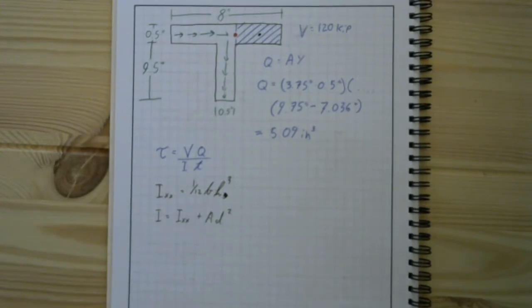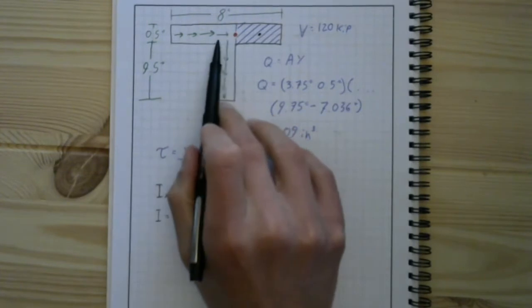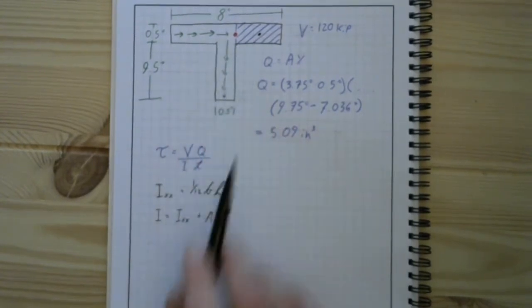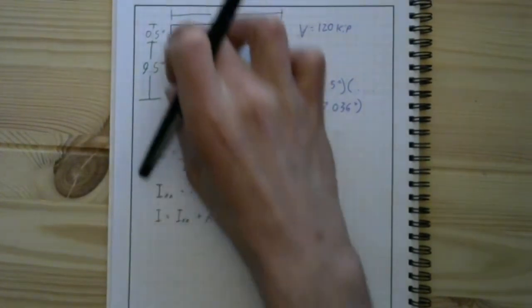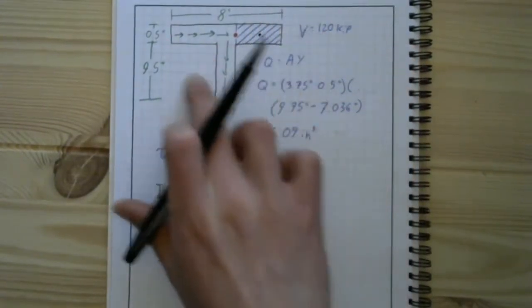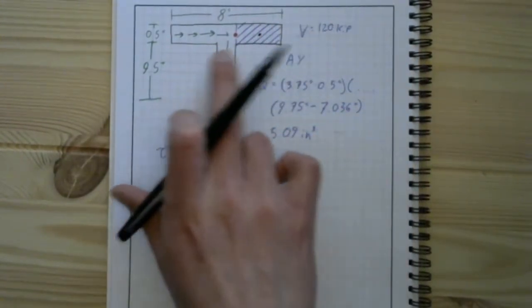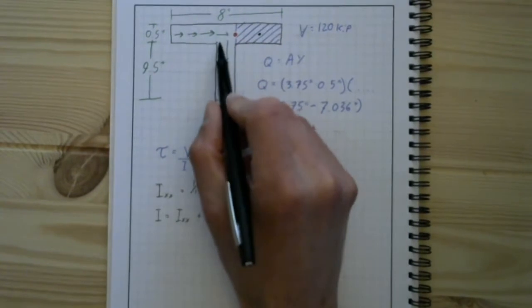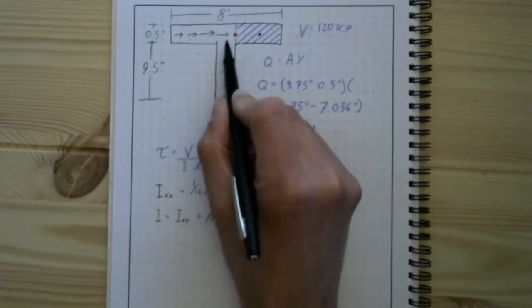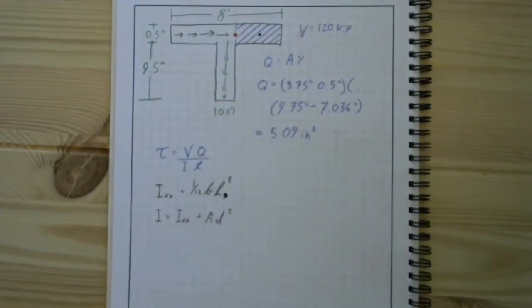So the way that I would do this one is I would either break this up into two rectangles, or I'd consider the full large rectangle and subtract out the smaller rectangle represented by these two portions. Let's break it into two rectangles right there.